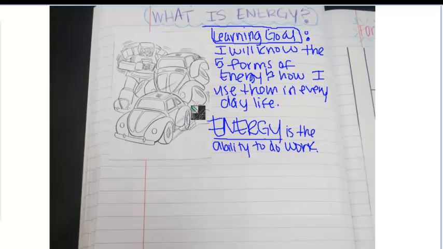Now, you're probably curious why I had you guys glue in this picture of a transformer. Okay, so a transformer, he is symbolizing what energy does.